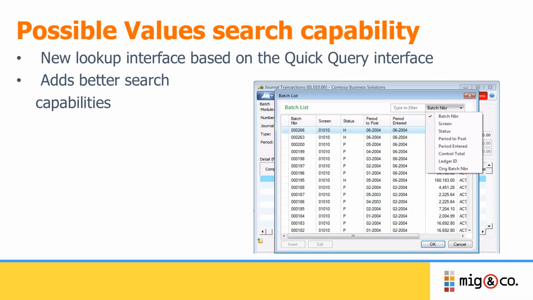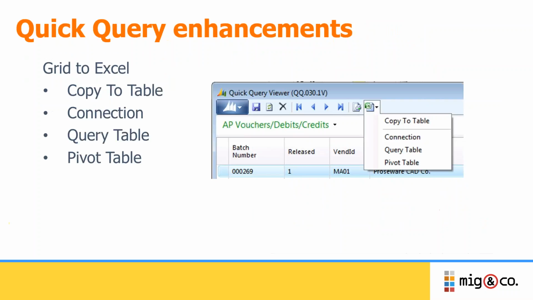So when you hit your F3 on the particular screen, in this case it's a batch list, you can sort based on status versus batch number versus screen number, which is kind of a nice little tool. So you'll see that across all the modules, whether it's financial, project, or cash manager, or whatever you need to use. So in the Quick Query, this is kind of nice.